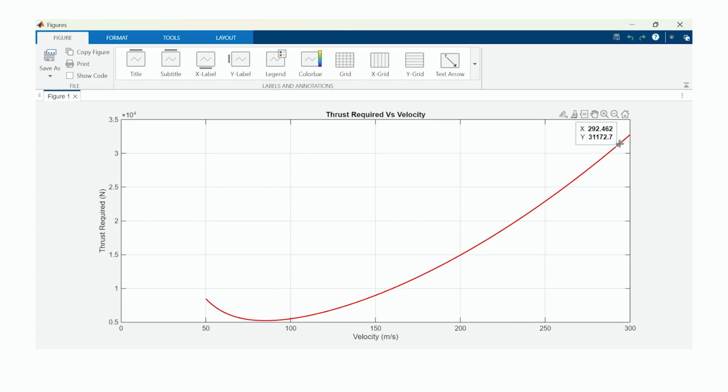So this is 32,000, 32,200, plus 32,500. So at around 32,500 newtons, the velocity is approximately 300 meters per second. Now the equation that we have derived, let us write a code for this and obtain the intersection of thrust available and thrust required curve.